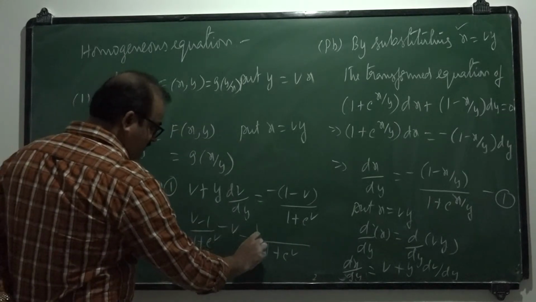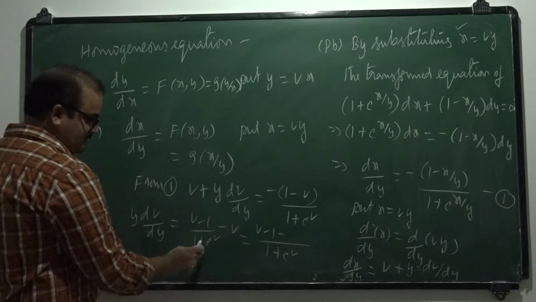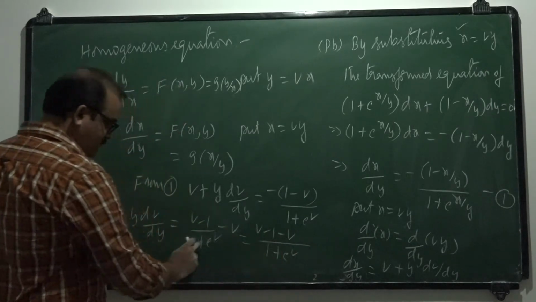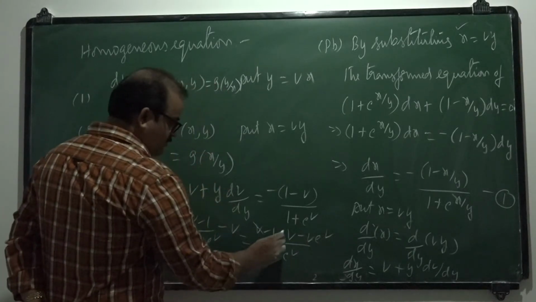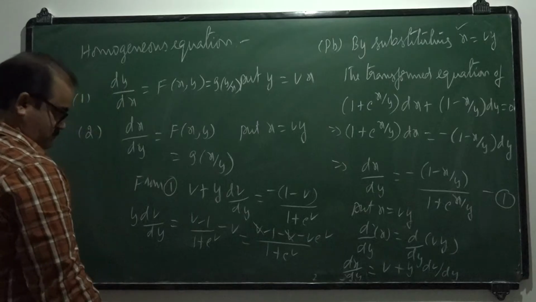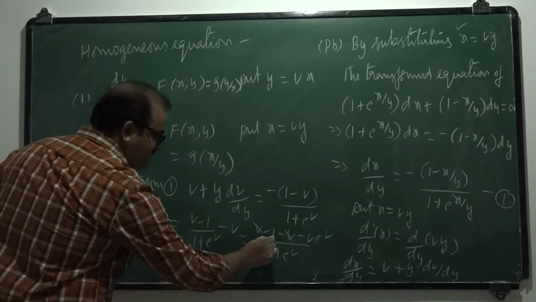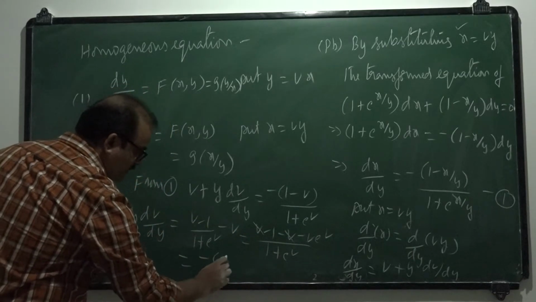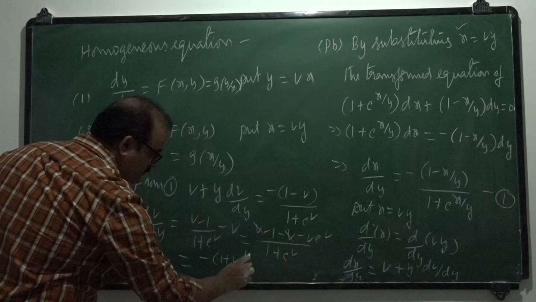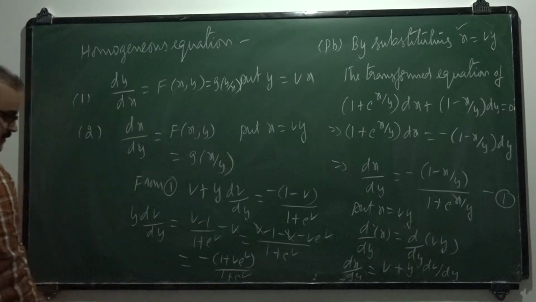In the numerator, v minus 1 minus v into (1 plus e power v), that is v minus v into e power v, and v cancels. We have minus 1 minus v into e power v, take minus common: minus (1 plus v into e power v) by (1 plus e power v).